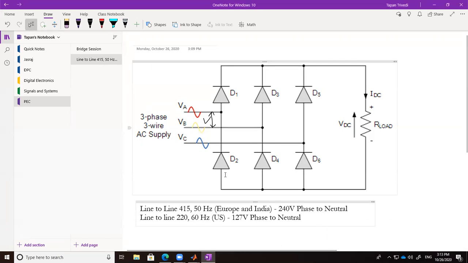Okay, so here in a three-phase, three-wire based full bridge rectifier, we have 1, 2, 3, 4, 5, 6 diodes, and each diode there is a pair, right? And there will be one diode on the upper side of the point. So one diode will be in this direction and second diode will be in this direction.